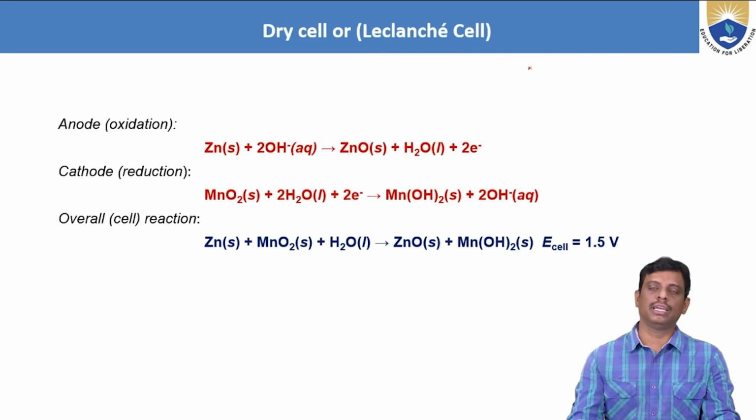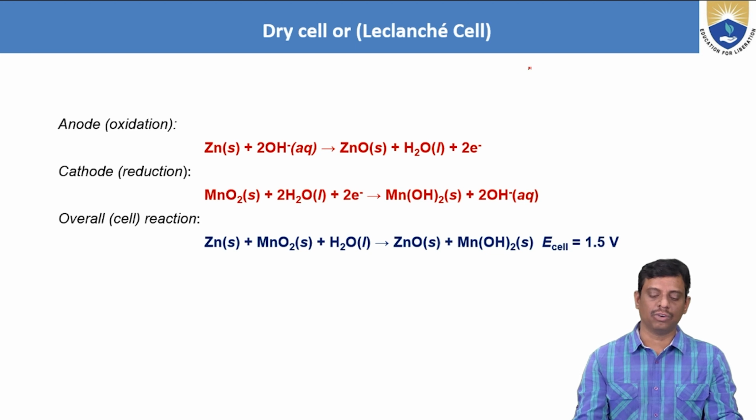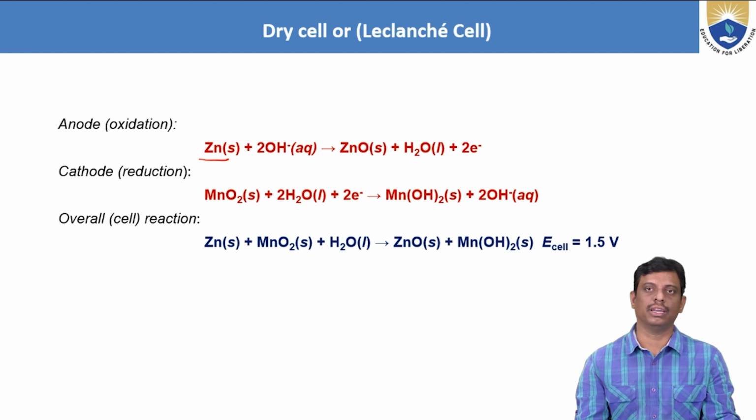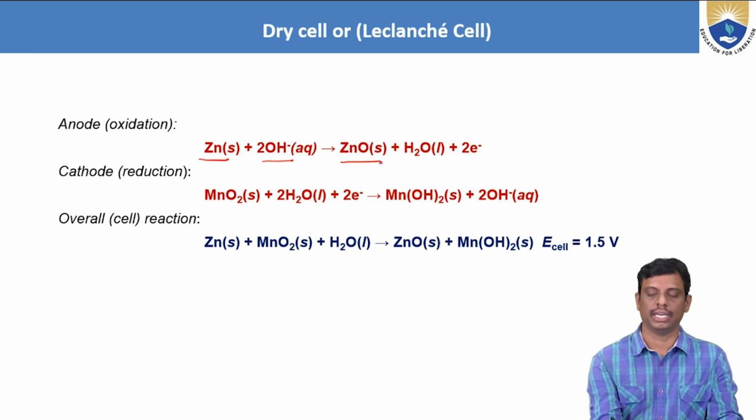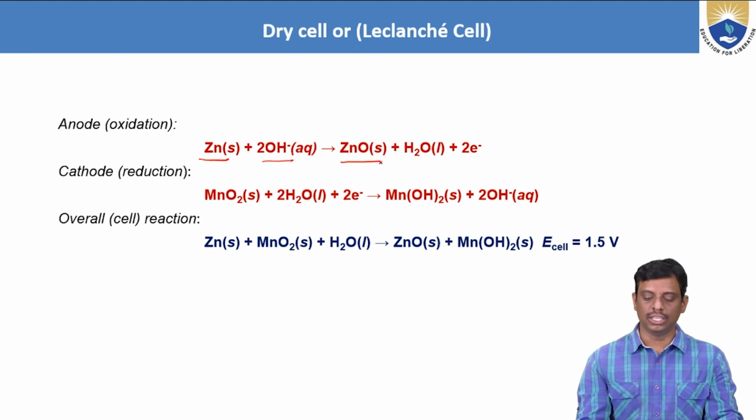Now look at the electrochemical reaction in the primary cell. At the anode, zinc acts as the anode. It reacts with hydroxide ions from manganese hydroxide, manganese chloride, and is converted to zinc oxide.